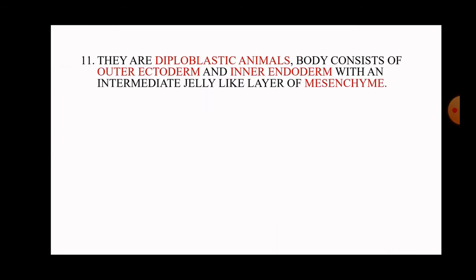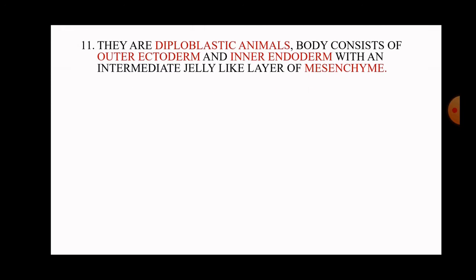They are diploblastic animals. You know pretty well about that. Diploblastic means two layers. They have two layers in the dermis. The first layer is called the outer ectoderm and the inner layer is called the inner endoderm.